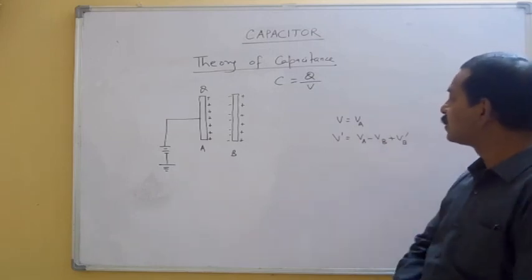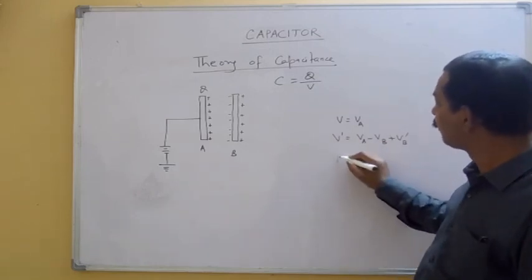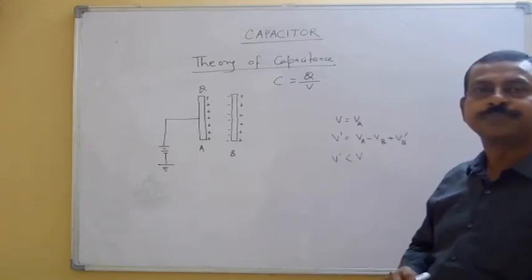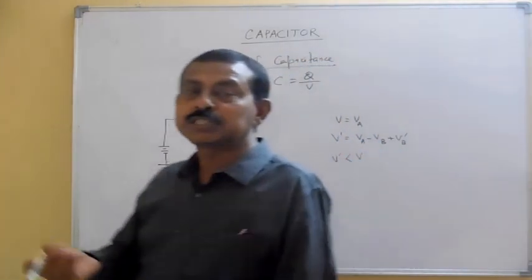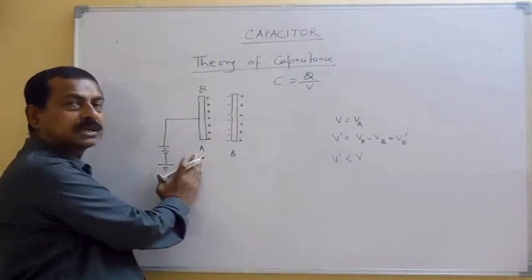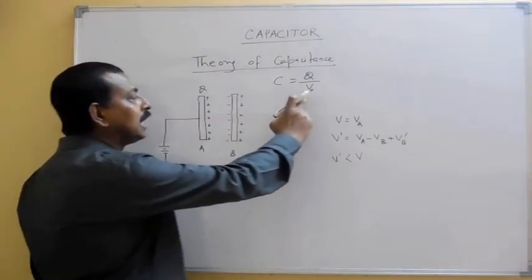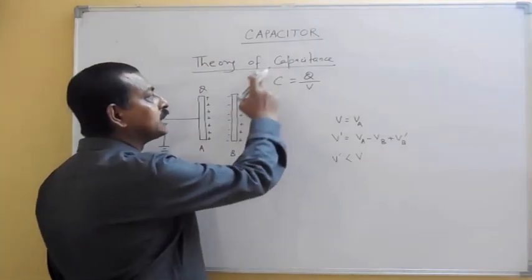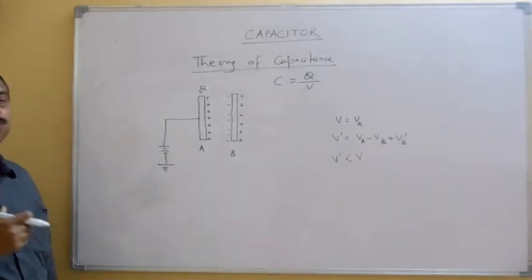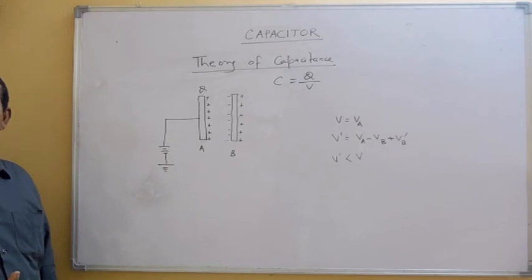As a result, this V dash will become less than V. That means just by bringing another conductor B close to conductor A, the potential has decreased, so the capacitance will increase. That means the capacitance of this system has increased.